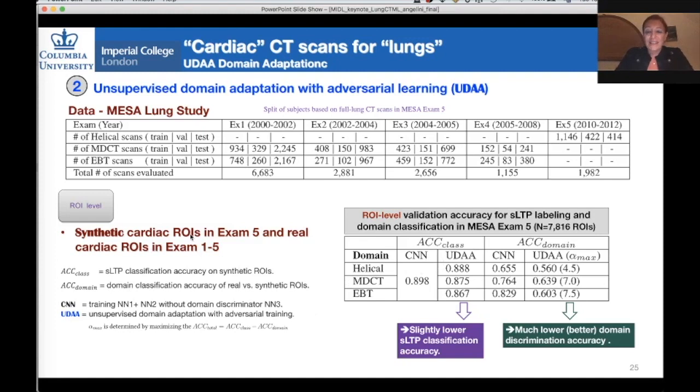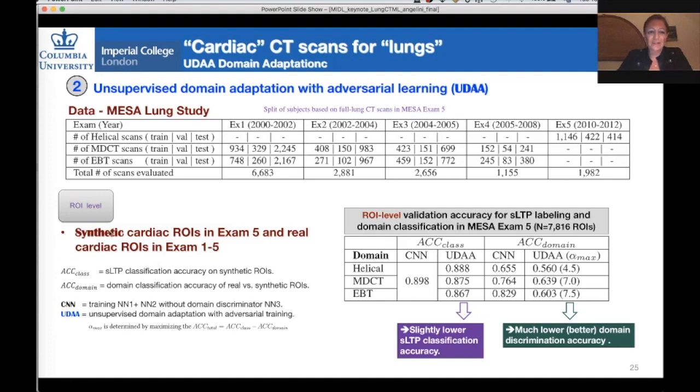So how did we evaluate the UDA framework and the quality of the labeling of emphysema subtypes on cardiac scans? The first thing is that we looked at just the synthetic cardiac ROI in exam 5 compared to the real cardiac ROI in exam 1 to 5.